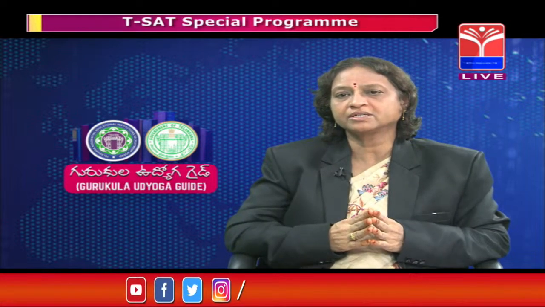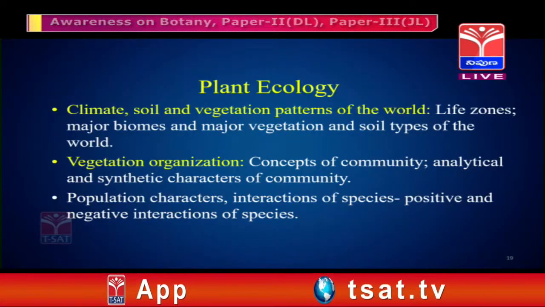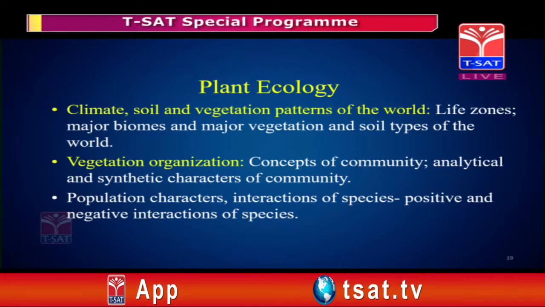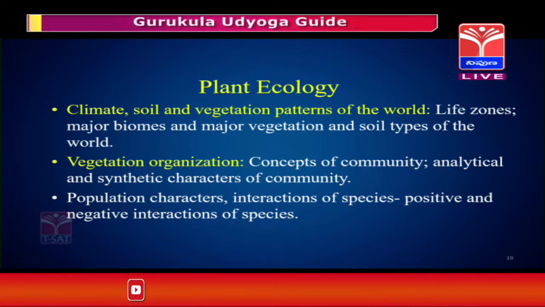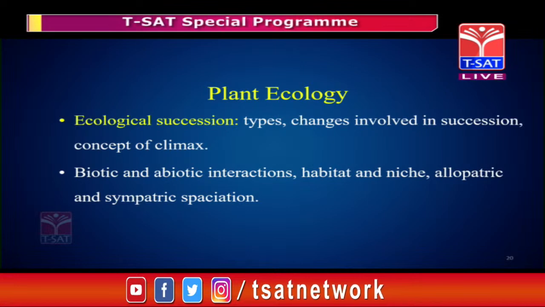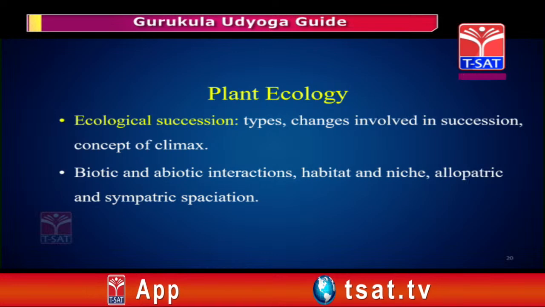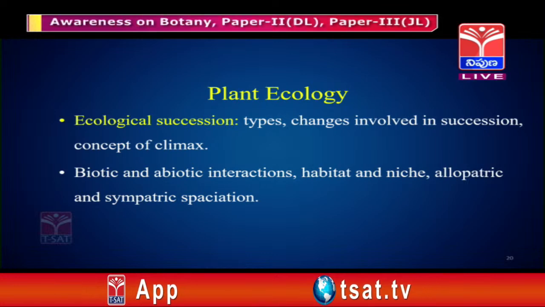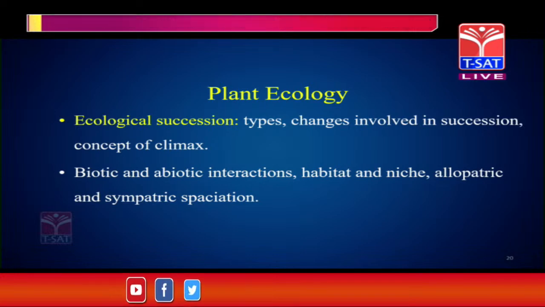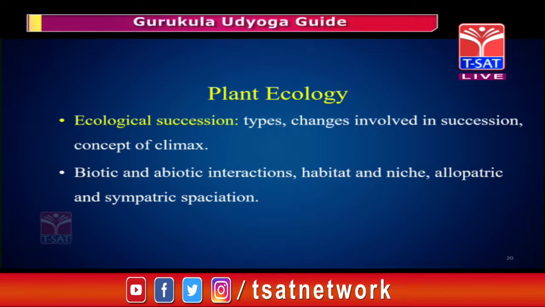You have to learn about the zones of life, major biomes, major vegetation types, soil types of the world, then the concept of community, and then analytical and synthetic characters of community, then population characters, then intra-species and interaction of species, like positive and negative interaction, then ecological succession, the types, changes involved in succession, concept of climax, and very important, the biotic and abiotic interactions, like what is a habitat, what is a niche, what is allopatric and sympatric speciation.